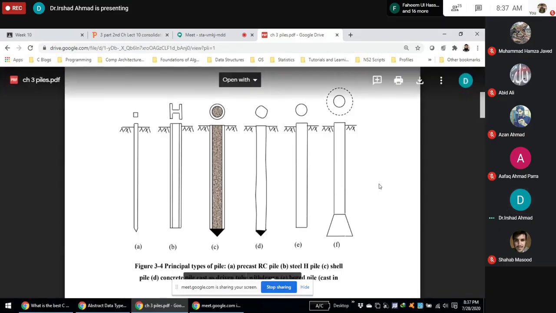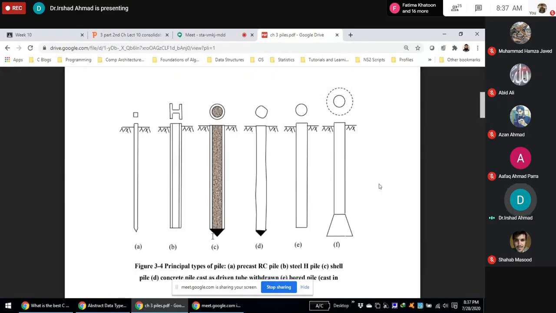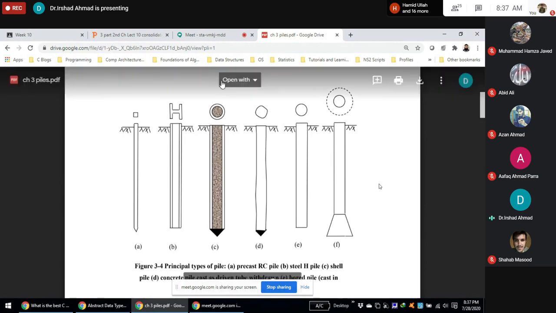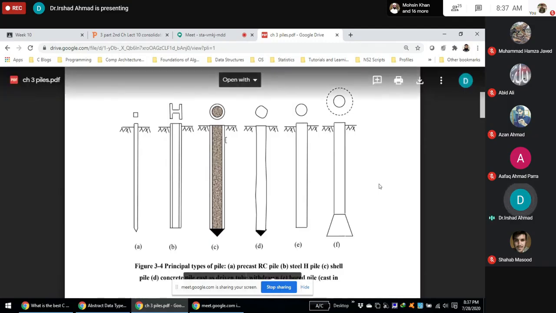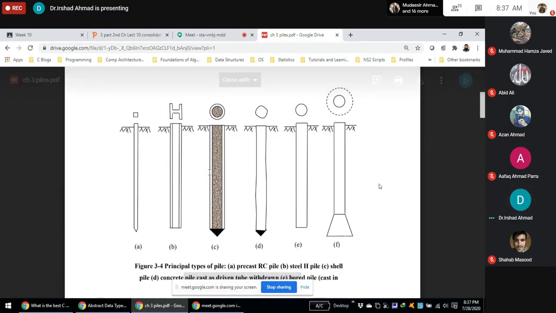In this, a steel tube is driven. There is a shoe down there, and the hole in the steel pipe pile is filled with concrete at the site. Though concreting is done at the site, yet it is called a driven pile because you have actually driven the steel pipe.